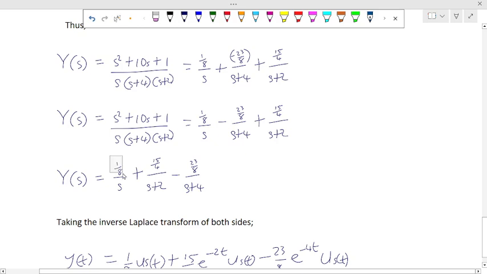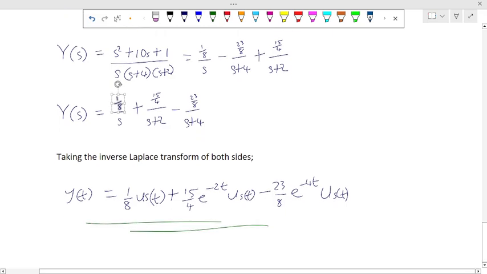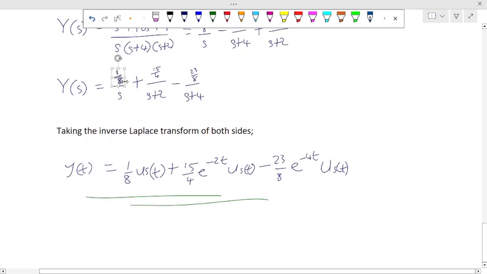This guy, you just bring this one down, and it's u of t. Plus, what do you have here? 15 over 4, come down, 15 over 4. This guy, you write it as exponential. This is a plus sign, right? Turn this to minus 2t, then u of t.